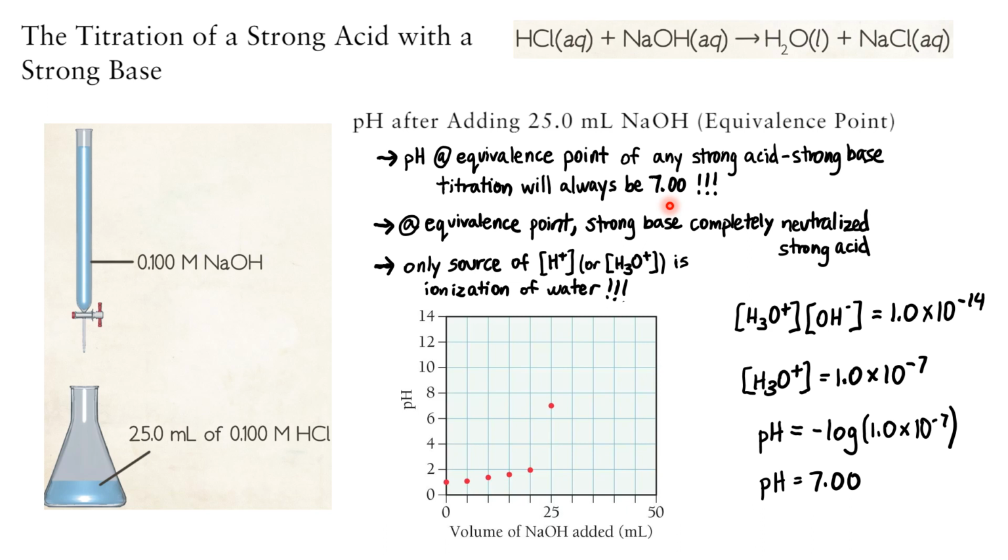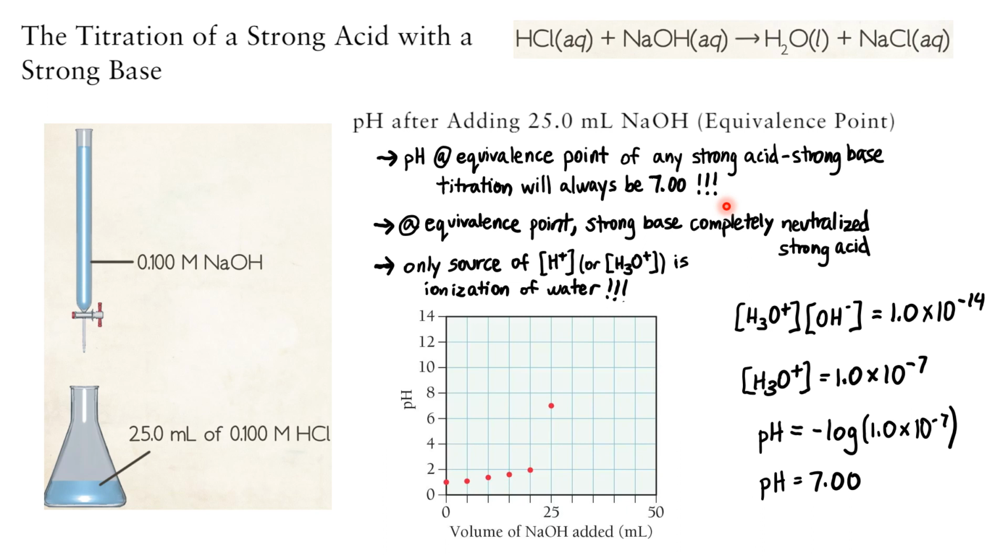Always. And we talked about why. If you're at the equivalence point, what happens? That means that you've consumed all of your H plus with OH minus. And if you have no H plus and no OH minus, they completely neutralize each other to make water, then you just have a neutral solution, which is a pH of 7.